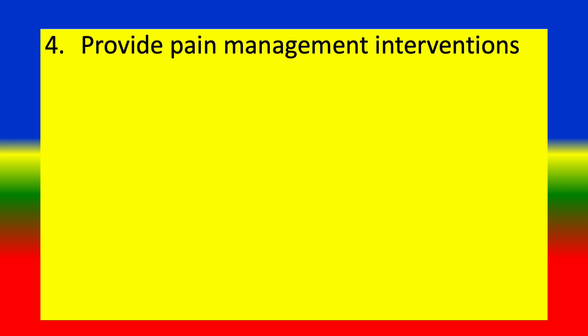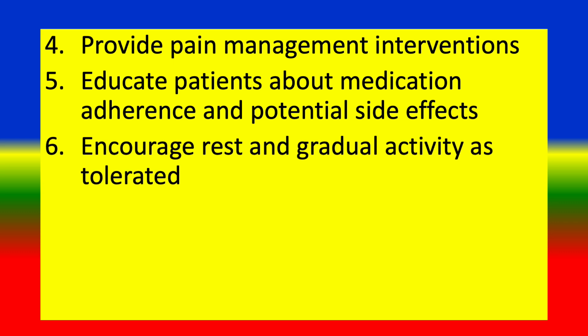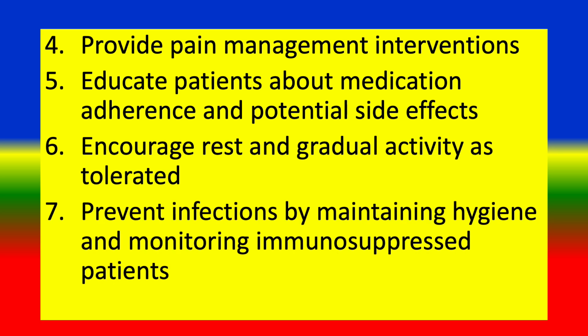Provide pain management interventions. 5. Educate patients about medication adherence and potential side effects. 6. Encourage rest and gradual activity as tolerated. 7. Prevent infections by maintaining hygiene and monitoring immunosuppressed patients.